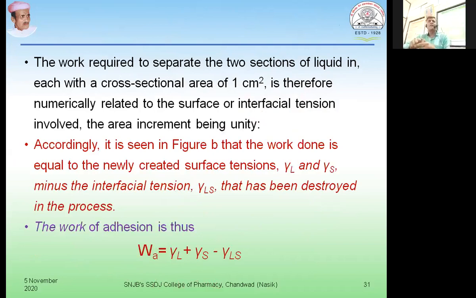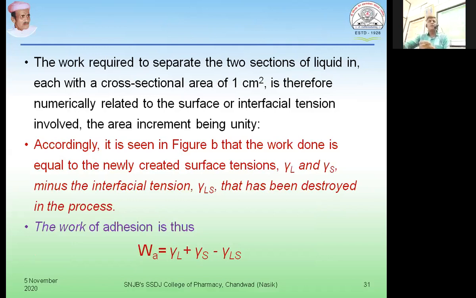YL plus YS are nothing but the two different surface tensions which are being created of the new two surfaces, breaking down the interfacial tension between spreading liquid and sublayer liquid. So WA is equal to YL plus YS minus YLS.